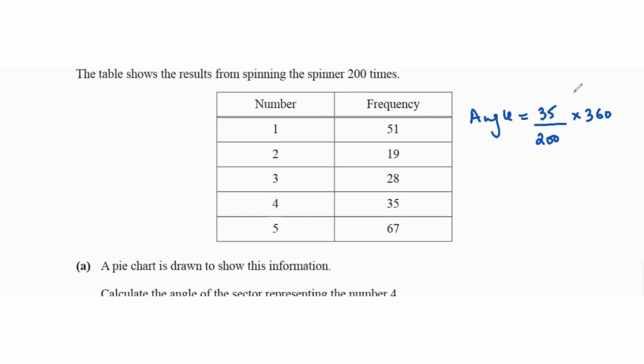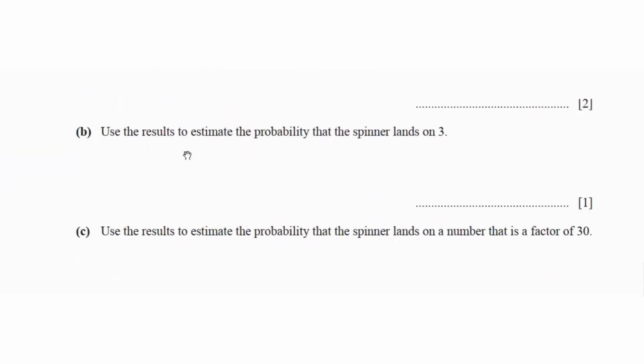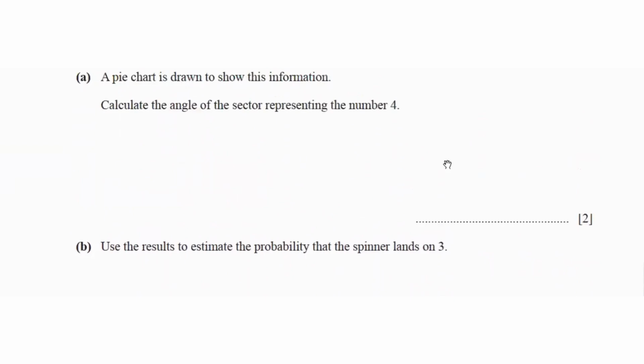So for a portion of it, we multiply the fraction of the event we're talking about by 360. So 35 divided by 200 times 360 is going to equal 63 degrees.